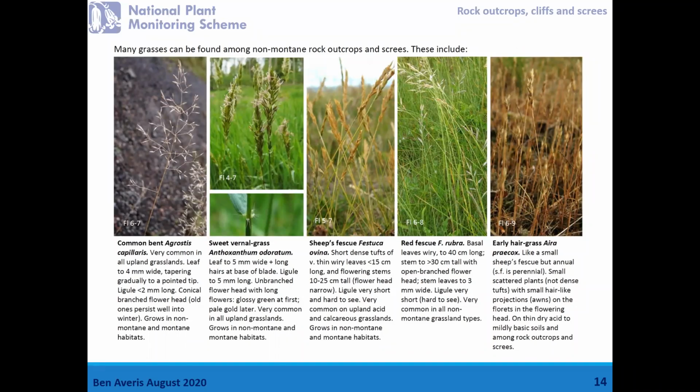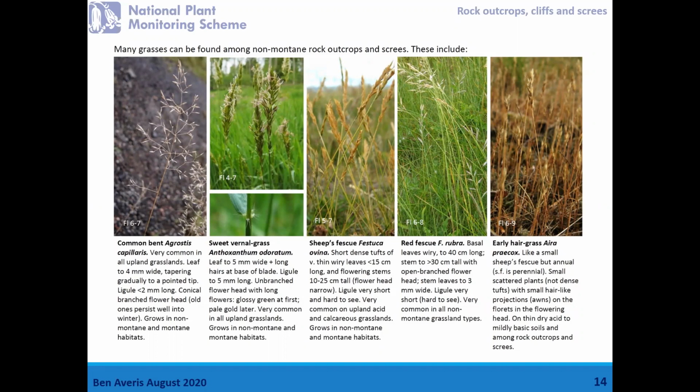Sheep's fescue and red fescue, they've got very thin, wiry leaves in contrast to the first two species there. Leaves no more than 1 millimeter or so across. The sheep's fescue is like a smaller version of red fescue, so the leaves are shorter. I've given some approximate dimensions there, and the whole plant is shorter.